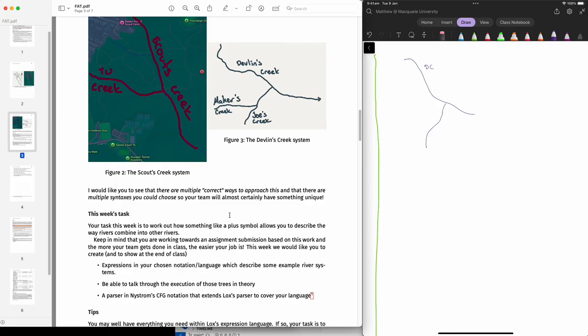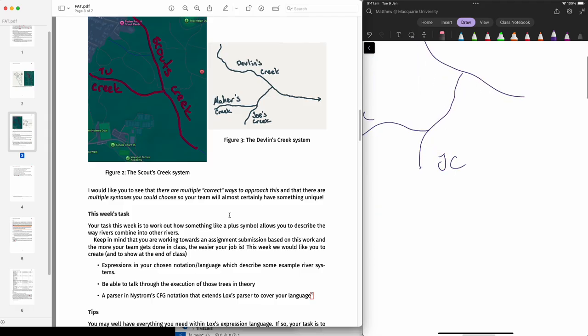It's getting more abstract every time. Joe's Creek. Mars Creek. So at this point right here, it's very clearly Joe's Creek plus Mars Creek. And it makes no difference whether I write Joe's Creek plus Mars Creek or Mars Creek plus Joe's Creek. They both mean the same thing. They both work the same way. Those are fine.